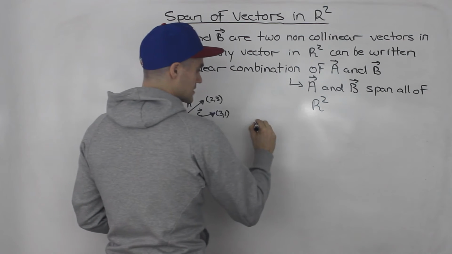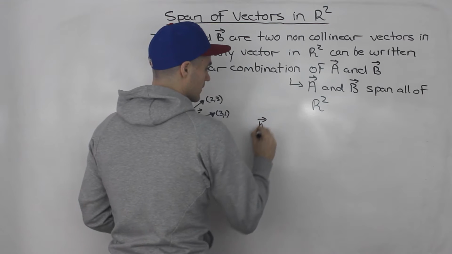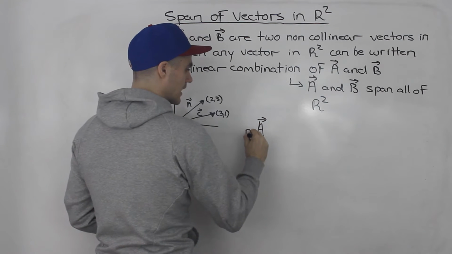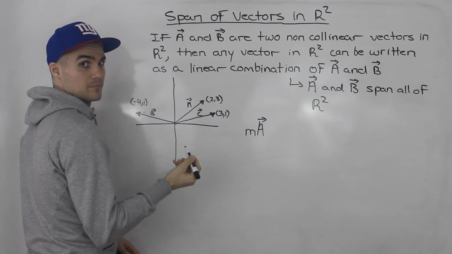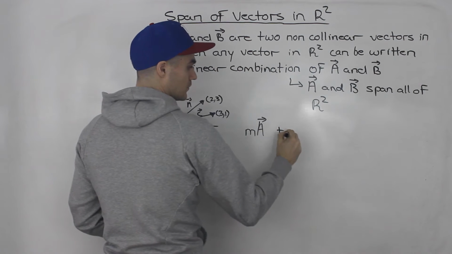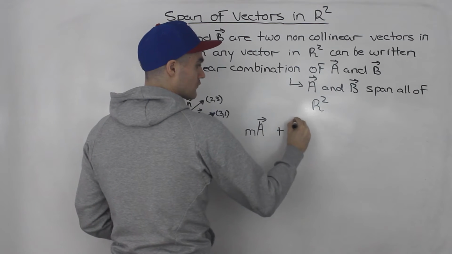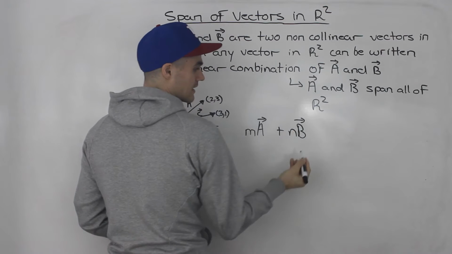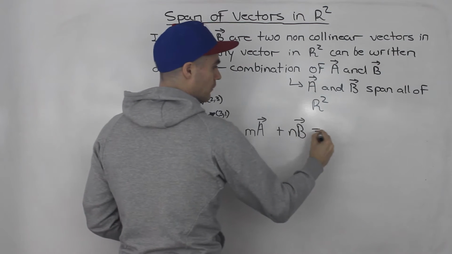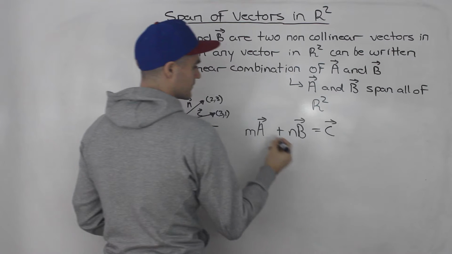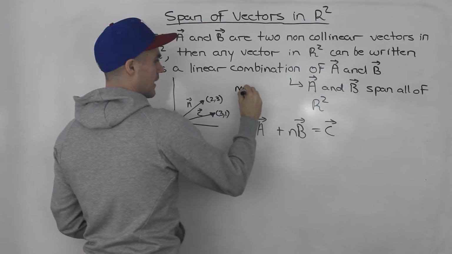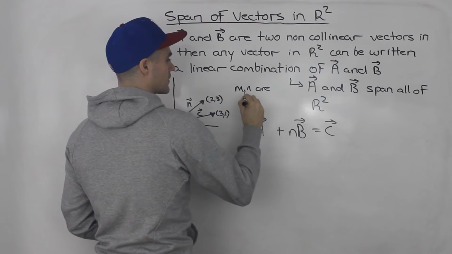It means we can take vector A and multiply it by some kind of scalar, let's say m, and then add vector B after we multiply it by a scalar, let's say n, and that will give us vector C. In this case, m and n are just scalars.